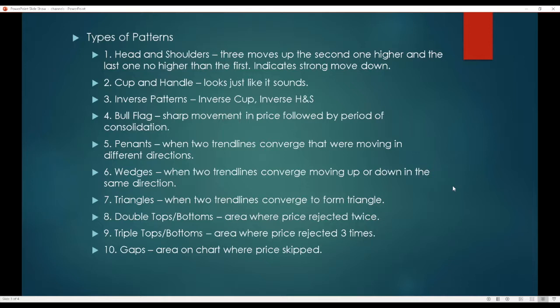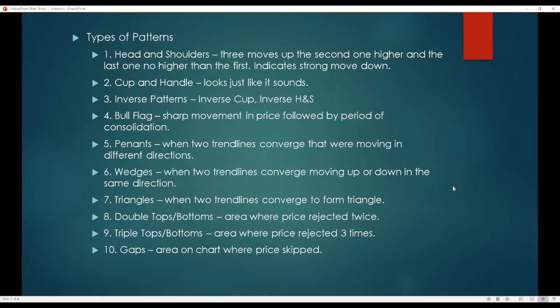We have wedges, and wedges are when 2 trend lines converge in the same direction. So if price is moving up and there's a trend line on the bottom and a trend line on top, but they're getting closer together and making price trade in a tighter range, we say when that wedge breaks, you have a serious move in direction.